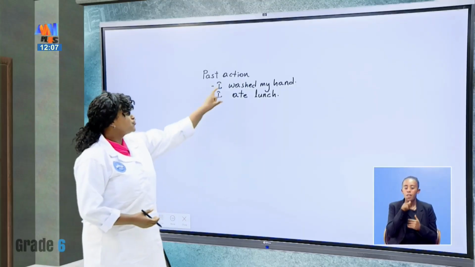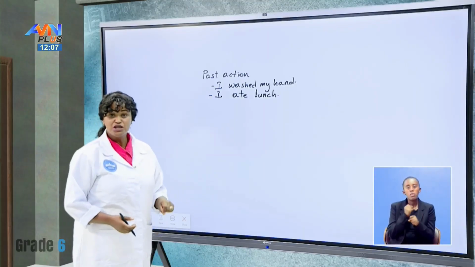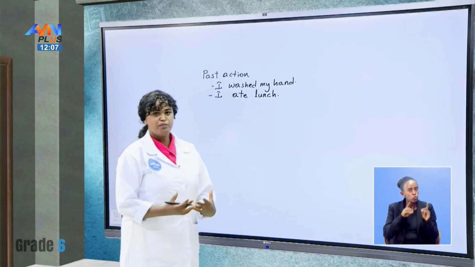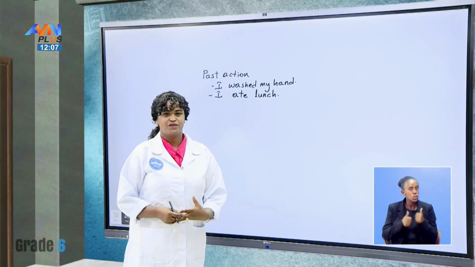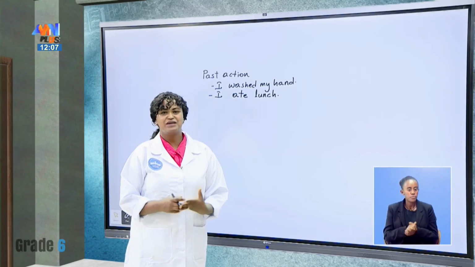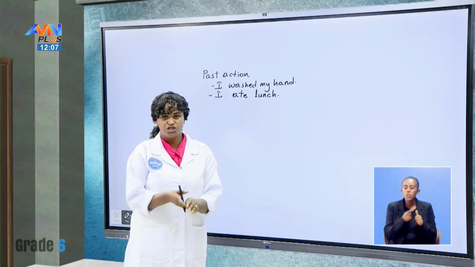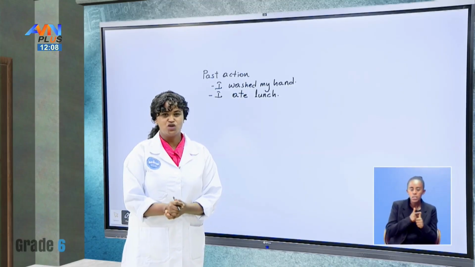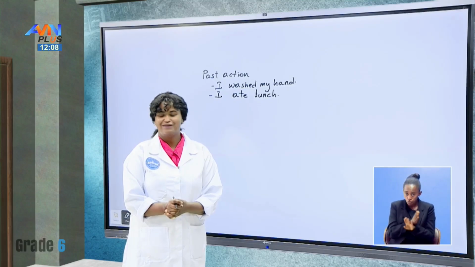Now, these two activities are both past activities. Which one do you think happened first? Washing the hand or eating? Do you eat before you wash your hand? No, you don't.